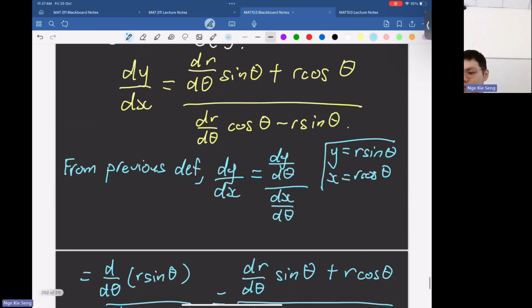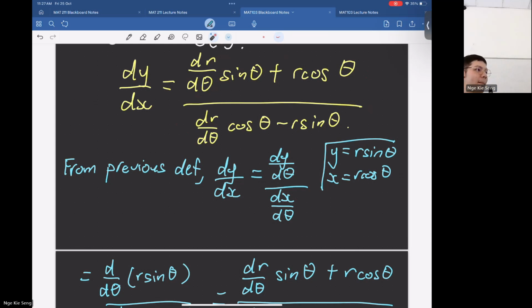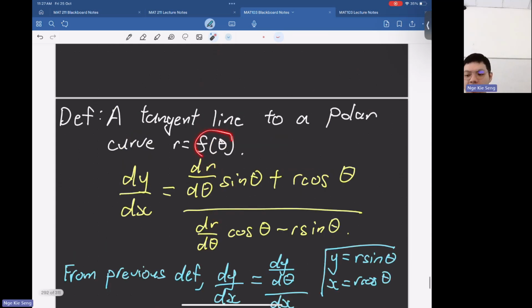These terms actually come from the product rule. That's all. So what is the r here? This r is the polar curve, f of theta. To be precise, maybe we want to put f of theta here, because our radius is really a function of theta, so that it makes sense to differentiate it.